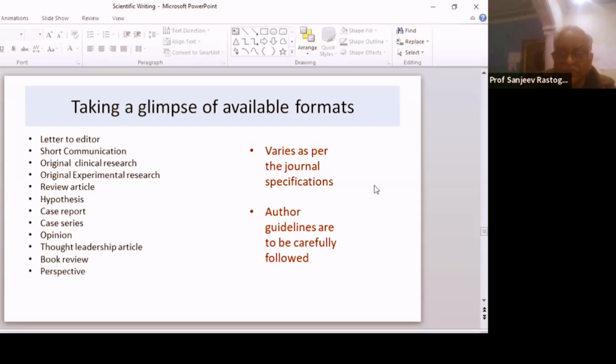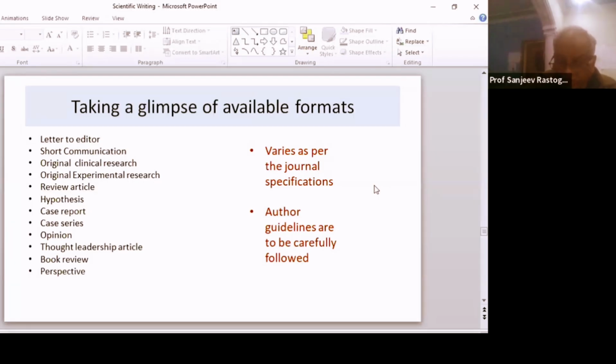It varies as per the journal specification. For a specific journal, you need to understand what the actual author guidelines are. The author guidelines should be followed very carefully, because every journal might have different specifications. For example, if you try to write a letter to the editor, some journals might have a word limit of 500 words, some 800 words, and some 1000 words.